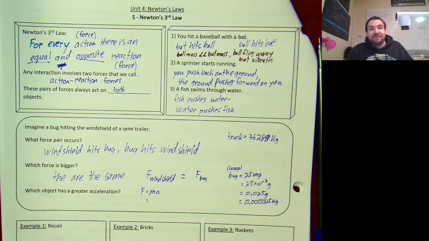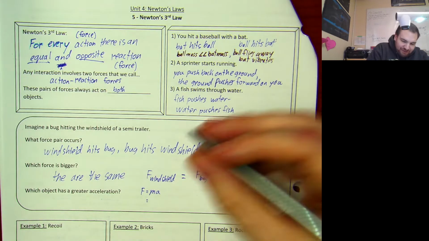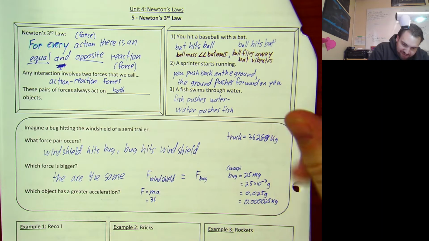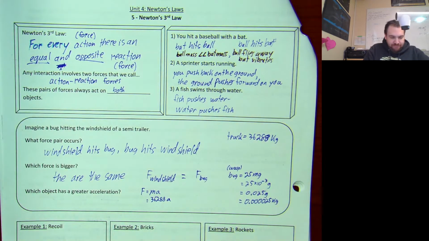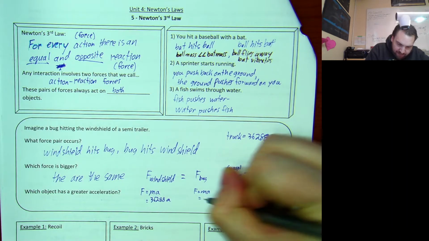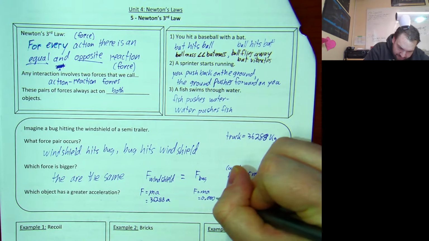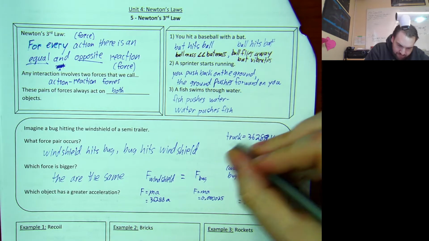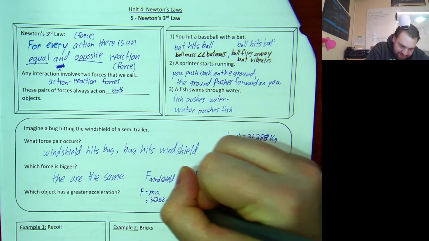Oh, you want to work it backwards. Interesting. Okay, well, let's talk it through this way. If I have 36,288 kilograms times my acceleration, and I've got F equals ma going over here for the bug, 0.000025 times a, that's going to be for a bug, and this is going to be a truck.